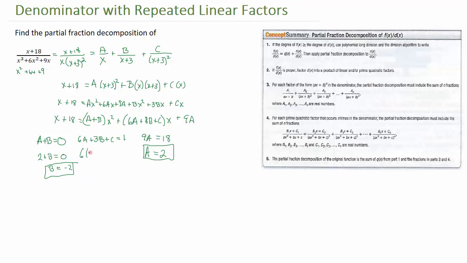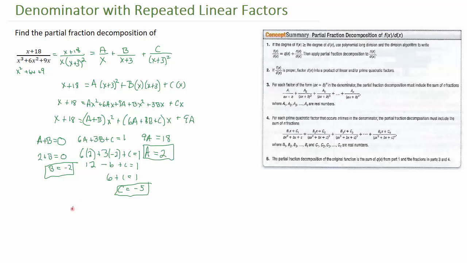So 6 times 2 plus 3 times negative 2 plus C better equal 1. 12 minus 6 plus C equals 1. 6 plus C equals 1, or C equals negative 5. Now, since we know A, B, and C, we should be able to write our partial fraction decomposition.